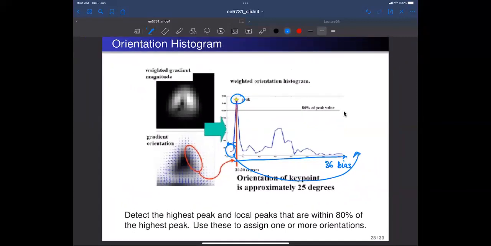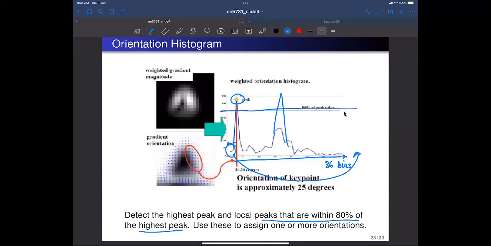Small things there, small things here. Instead of finding the peak, the algorithm actually says that it is within 80% of the highest peak. So there is a threshold, and if it is above the threshold, you take that as the peak. Now the question is, what happens if you have two above the threshold?